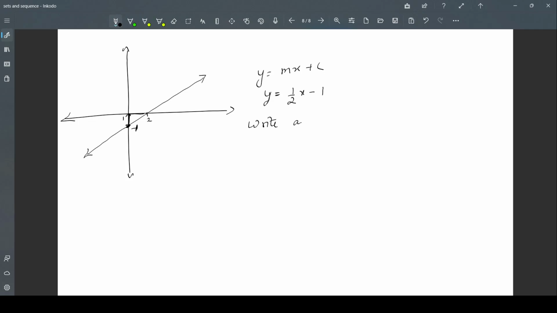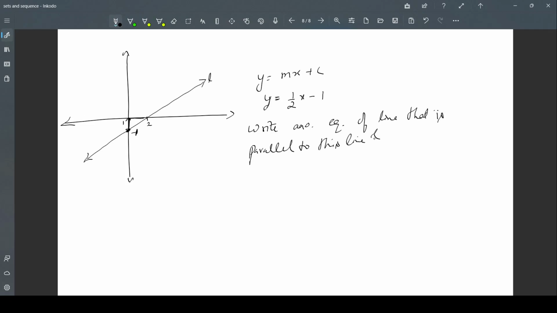Okay, so if I ask you to write another equation of a line that is parallel to this line, let's say this is L, parallel to this line L. How can you write another equation of a line that is parallel to this line L?